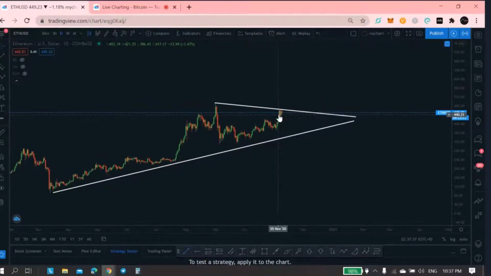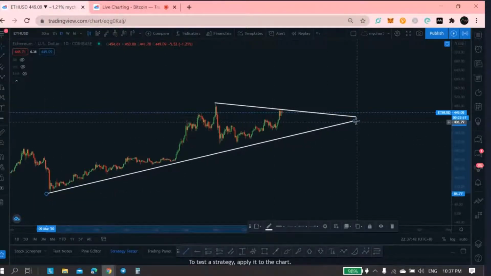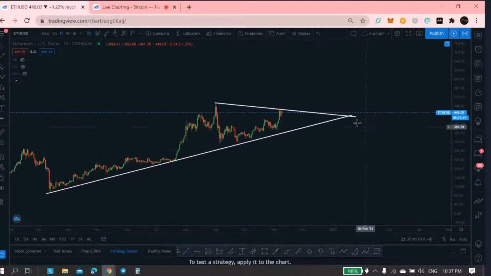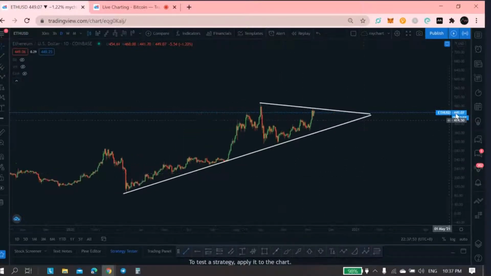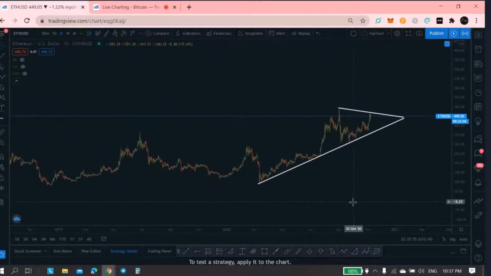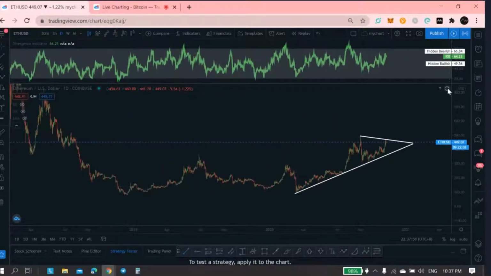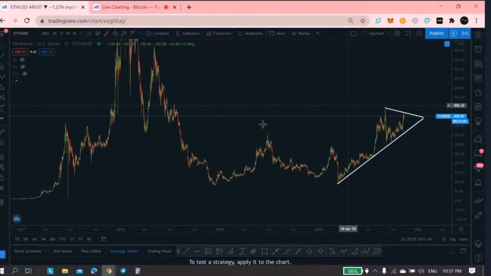So currently this is a very major resistance. Let's just adjust it a bit there. Actually this one is the major resistance. It needs to break out. Because after it breaks this area, possibly around this is the area that it needs to break, around the 480 plus, and the next possible resistance is the 500 area.